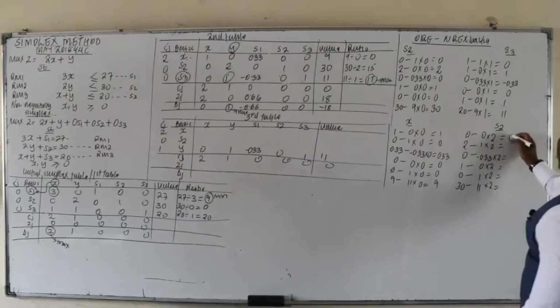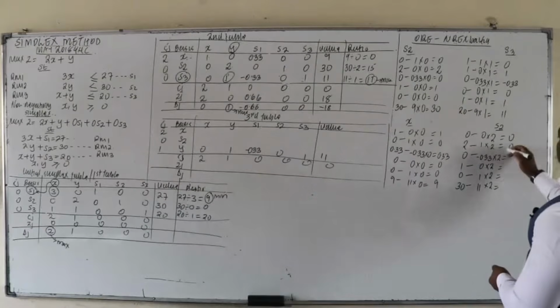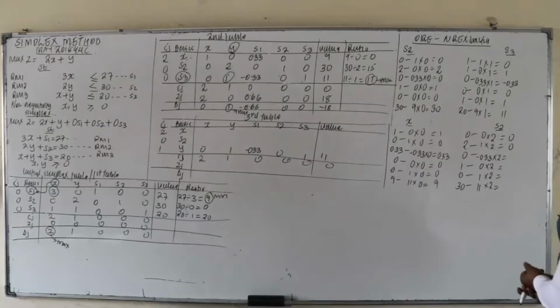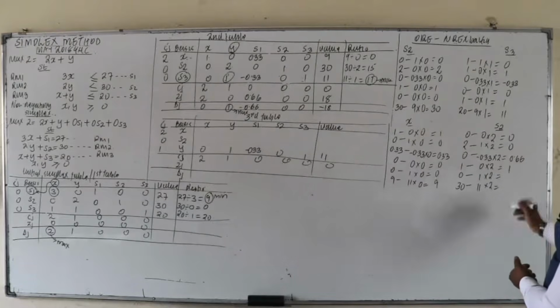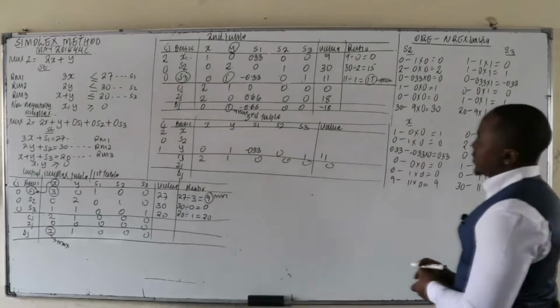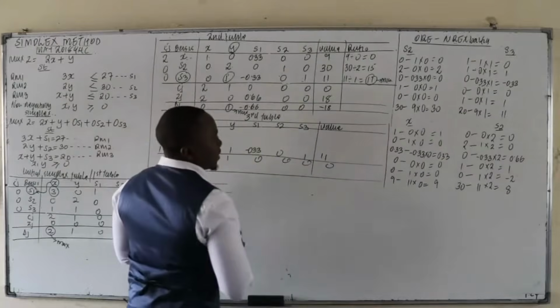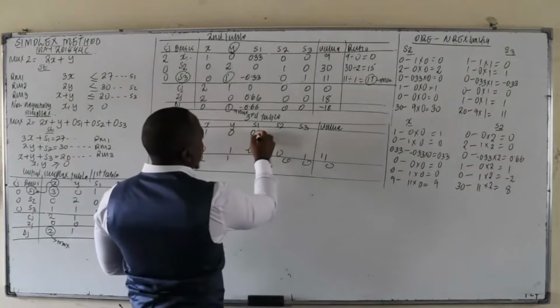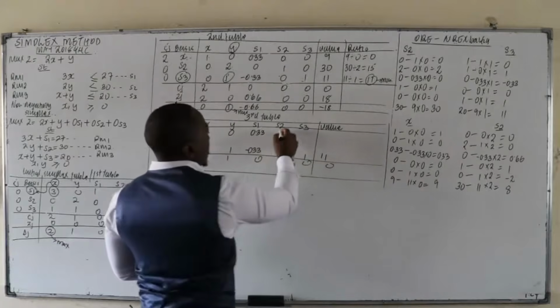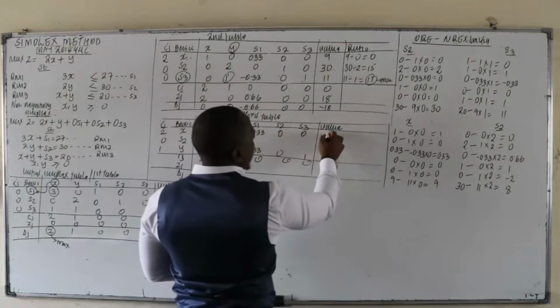So that's 0, that's 0, this is positive 0.66, that's 1, that's negative 2, and that's 8.